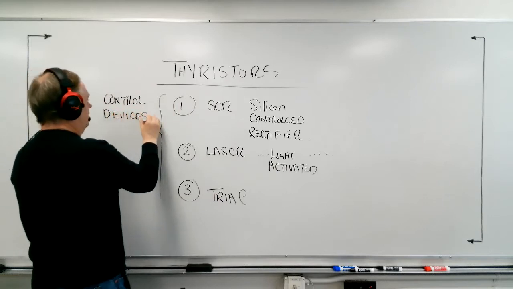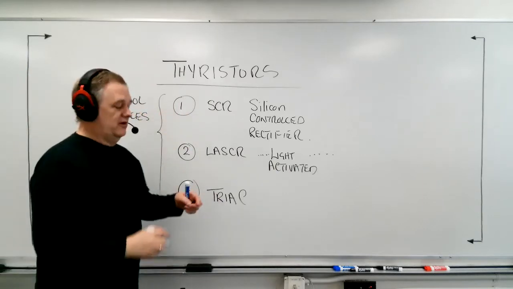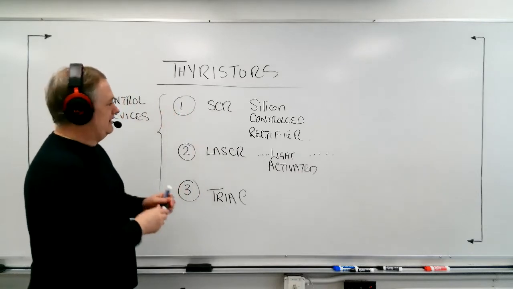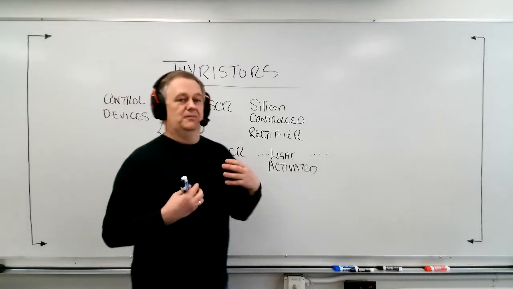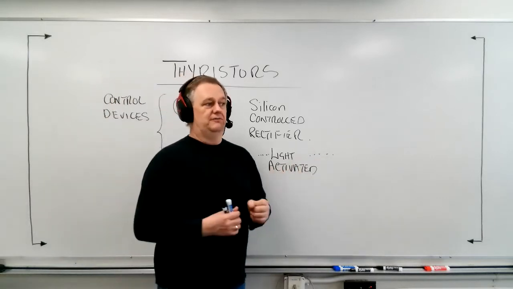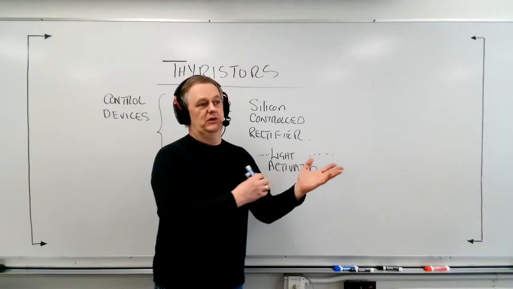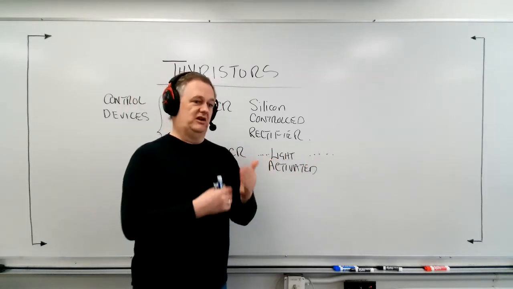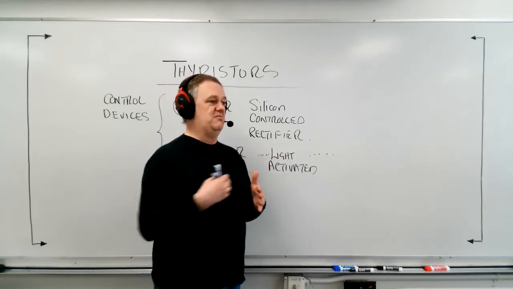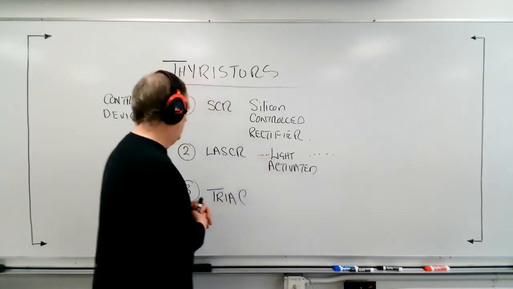In other words, each one of these, in slightly different ways, is used to control the actual load current flowing from a source to a load. So these three are all in some way controlling, switching, doing something to control the main path of load current.